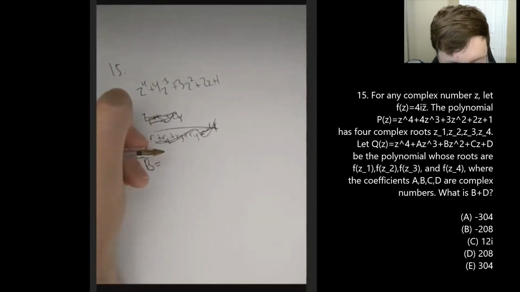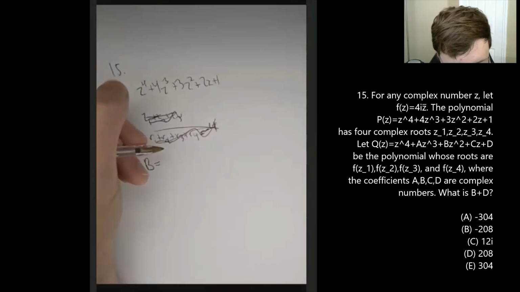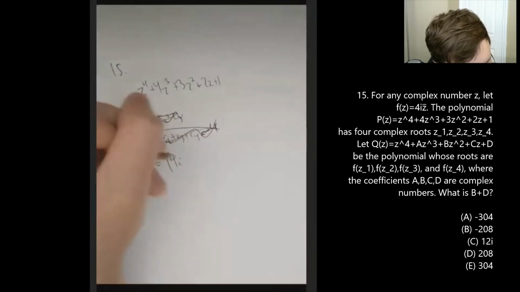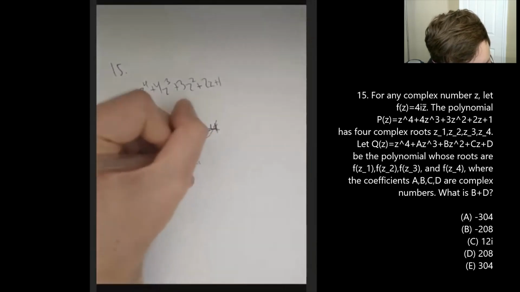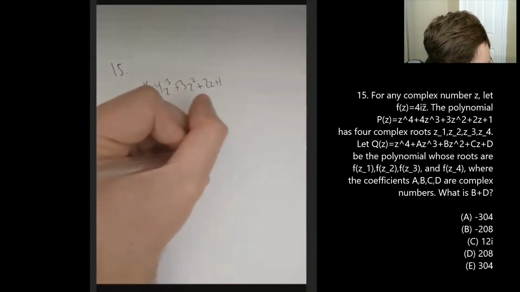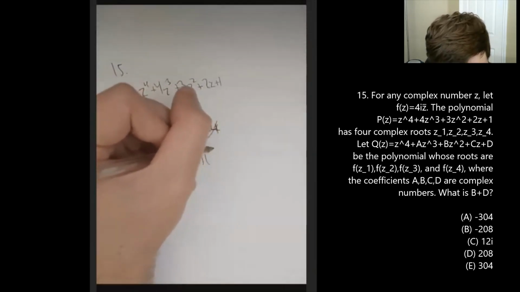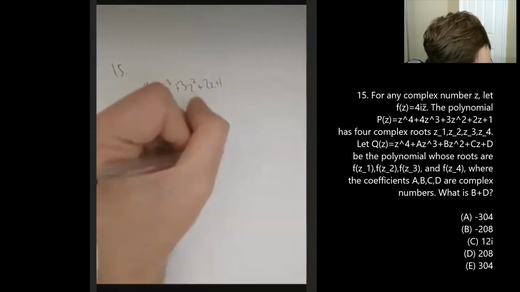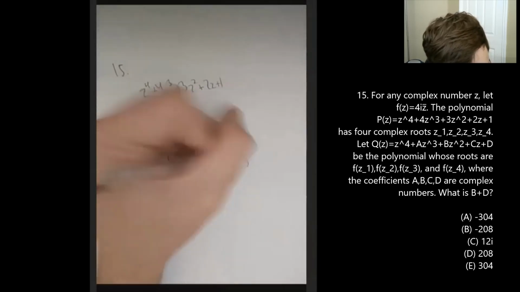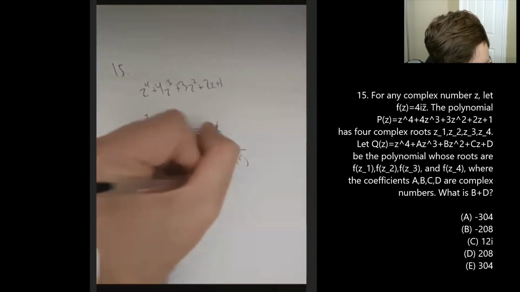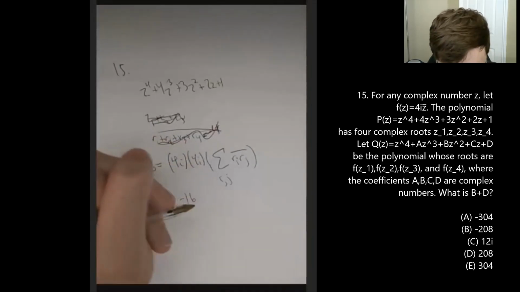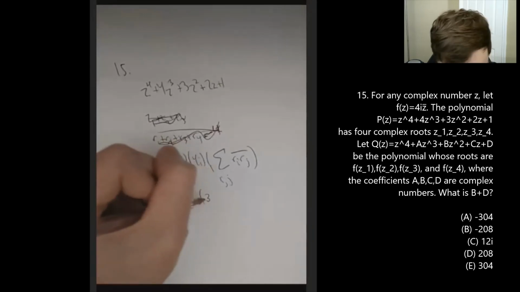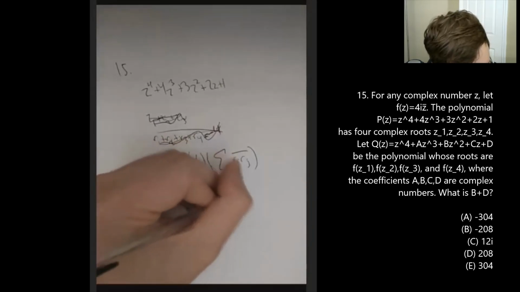Okay, b is, well, 4i times 4i times the conjugates of all of these. Oh, okay, so that's just minus 16 times the conjugate of 3. Okay, so that's minus 48.